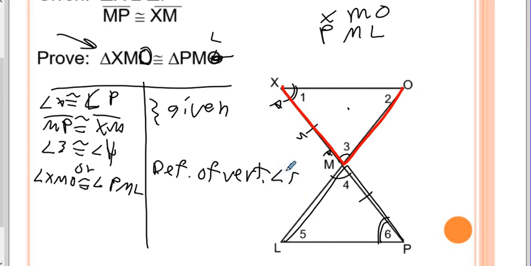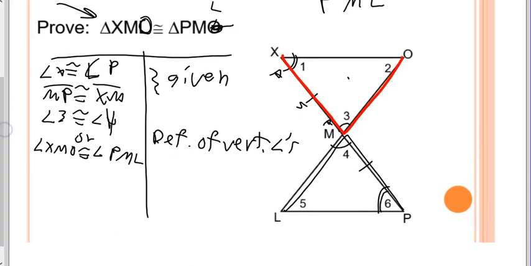That's how we knew we could mark them, because we know vertical angles are equal. And now, we're done. We can say triangle XMO is congruent to triangle PML. Now what's our reasoning? A, S, A. And that's it.